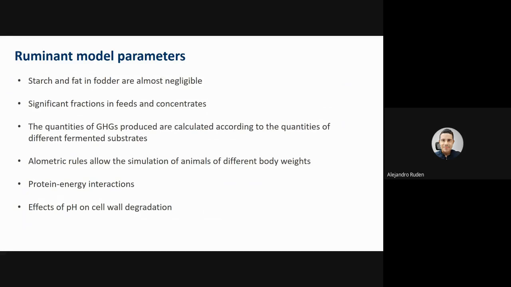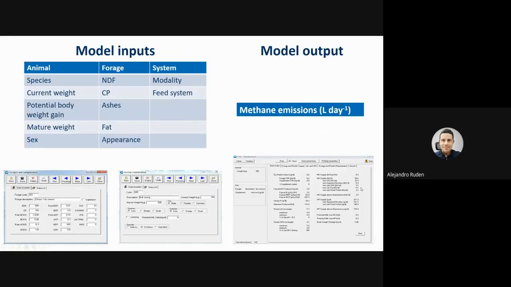The quantities of GAG produced are calculated according to the quantity of different fermented substrates. Allometric rules allow the simulation of animals of different body weight, protein and energy interactions, and the effect of pH on cell wall degradation. This allows us to model animals of different weight and age.